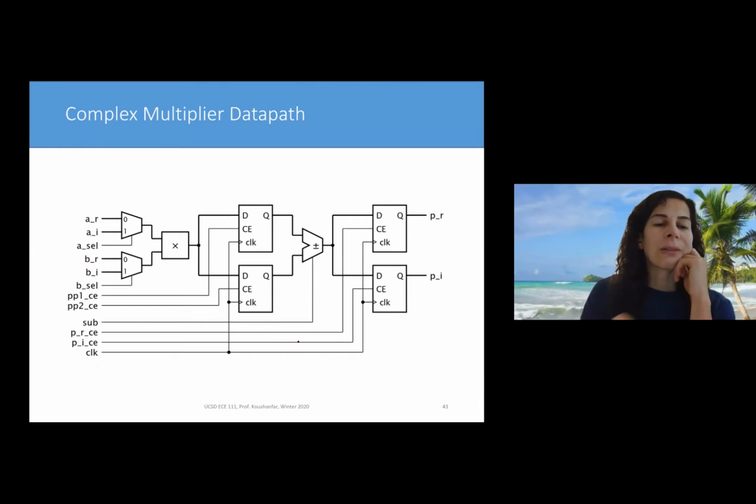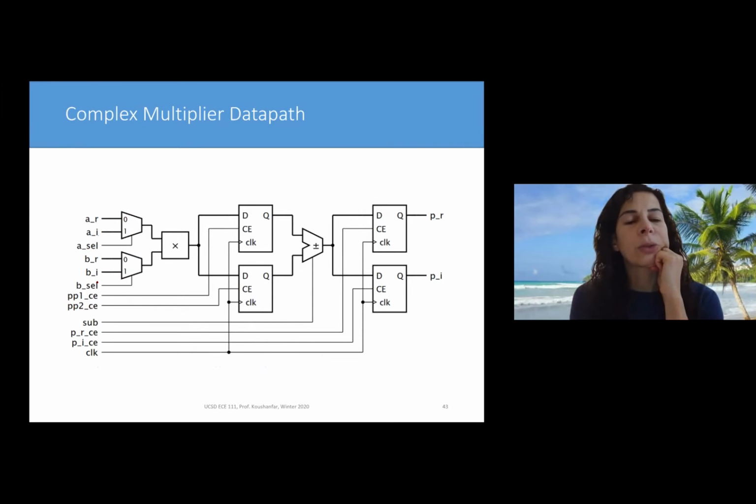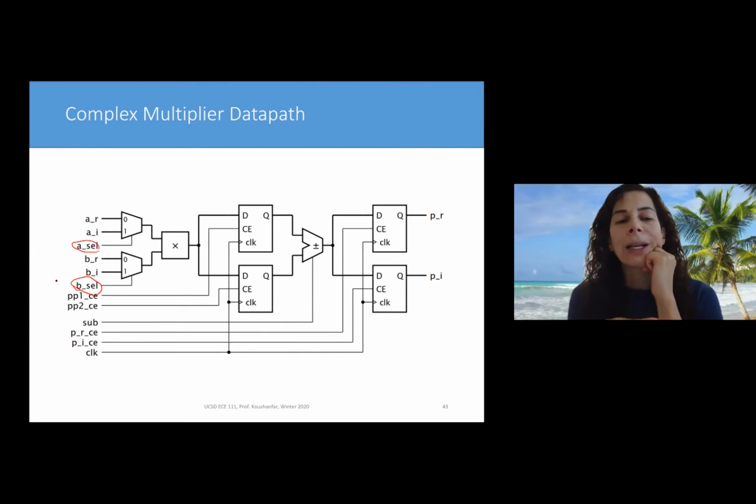Imagine that I have the real part and imaginary part of A coming to a multiplexer, and the real part and imaginary part of B coming to a multiplexer. And I have a selector which selects which of these two I'm going to select. If I'm selecting, for example, ArBr, that means my B select is 0 in both cases.